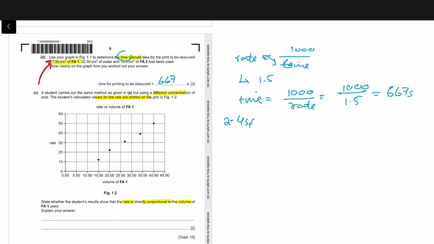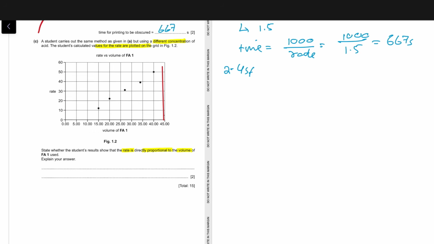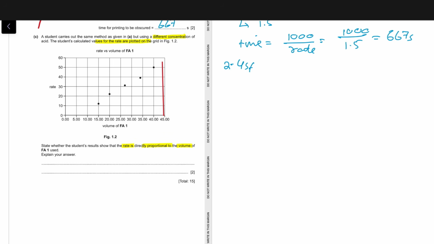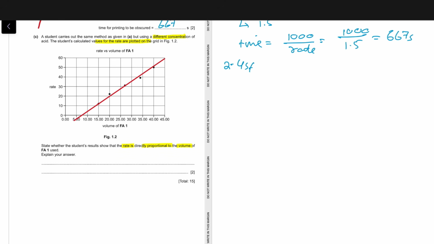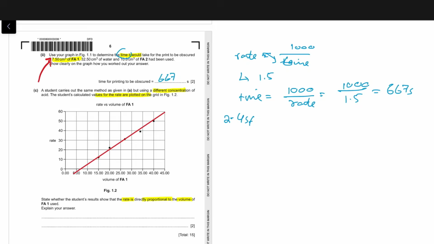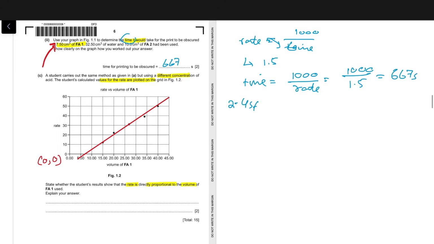Explain your answer. Well, as you can see here, if we were to draw a line of best fit for this student's graph, what we would find is that it's around here, and it does not pass through the origin, 0, 0. When a graph passes through the origin and it's a straight line, it shows a directly proportional relationship between our x-axis and our y-axis. However, this is not the case.